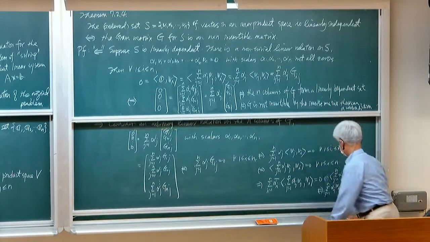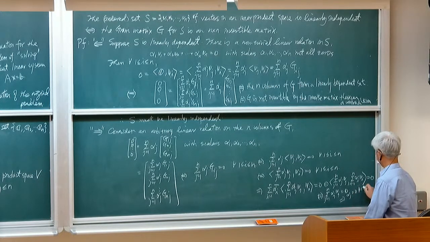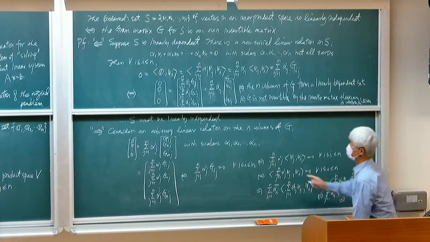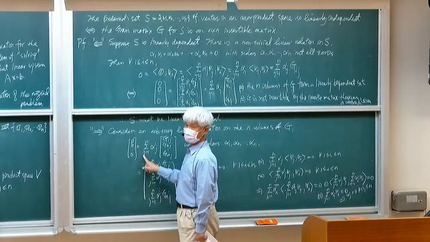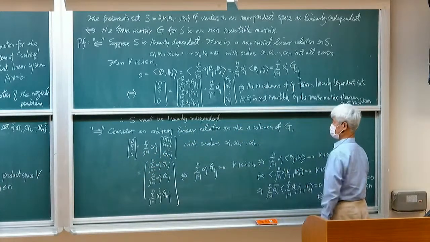So this implies that alpha j is 0 for all j. So we start with an arbitrary linear relation, and we find alpha j must be all zeros.